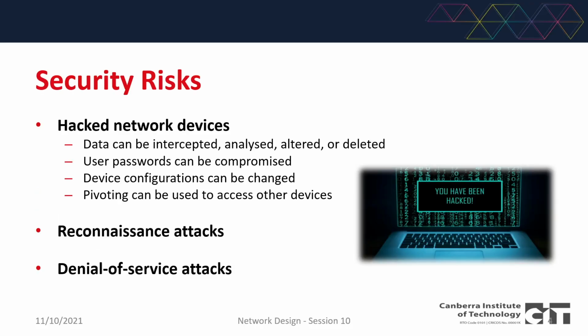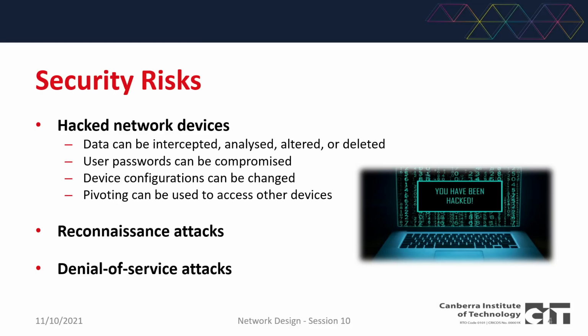How about the security risks that we have and how we can understand them? Now, this is not a cybersecurity course, so it's not going to teach you all the nitty-gritty details about cybersecurity, but it's going to give you an overview of security and the things that you should be aware of. Hacked network devices are a huge risk to a company, because they can be used to intercept data.